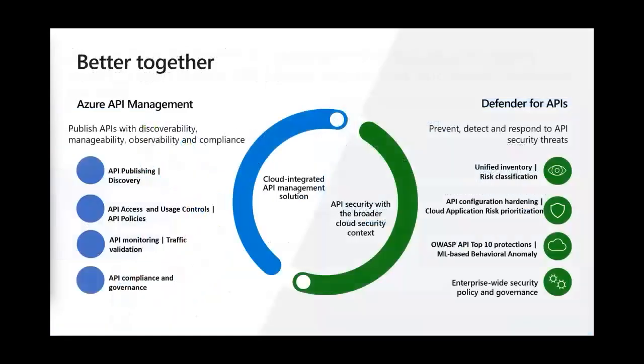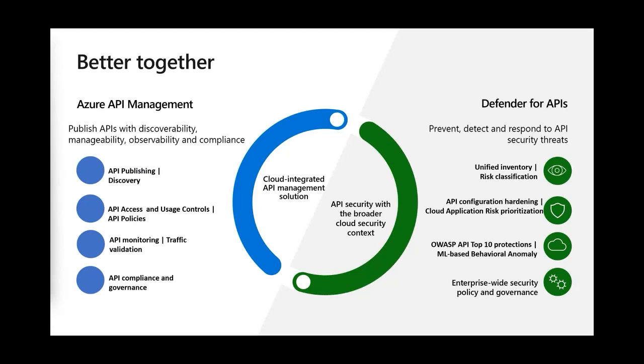So how do we work together? This slide really focuses on the better together story of Azure API Management and Defender for APIs. Azure API Management is giving customers a central management plane and gateway to publish their APIs, enforce policies regarding how requests and responses are transformed, whether authentication is configured, monitor traffic going to and from API endpoints, and overall have security governance.